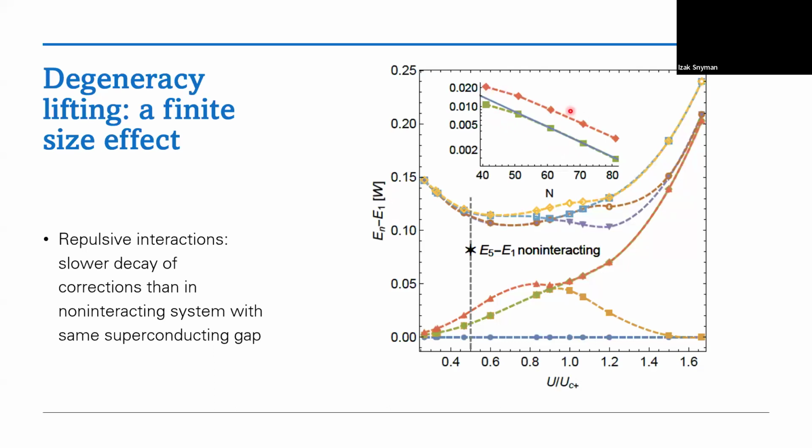This over here is the gap of the interacting system. So a non-interacting system with a smaller gap gives the same finite size correction, which means that there are stronger end-to-end correlations.